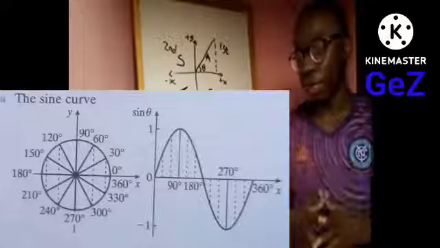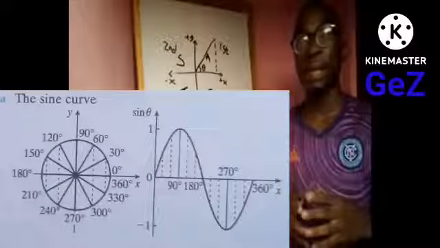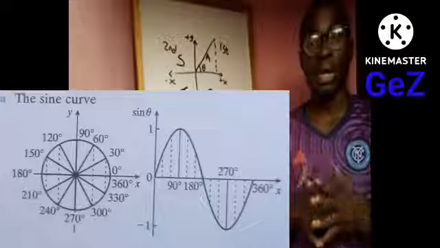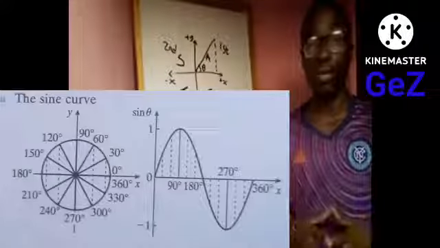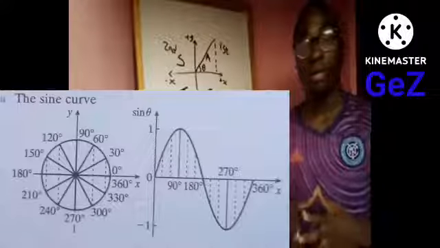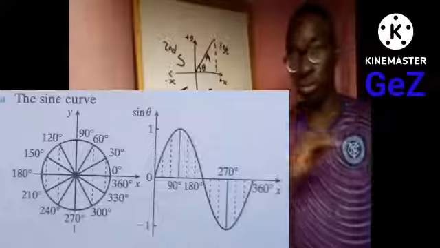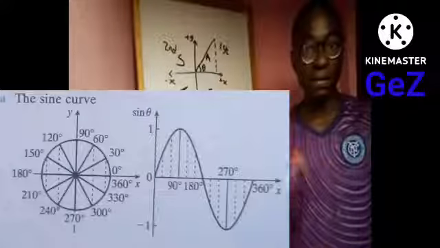When you draw that, on the horizontal axis will be the value of your angles. Then on the vertical axis will be the sine of those angles. So the sine of those angles will be the heights, and the horizontal will be the angles themselves.